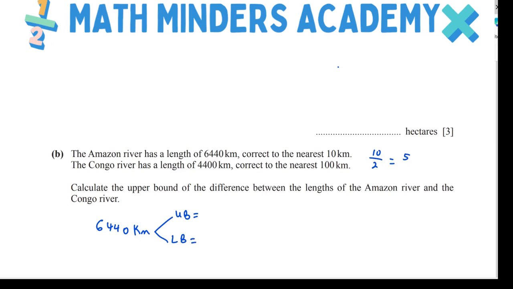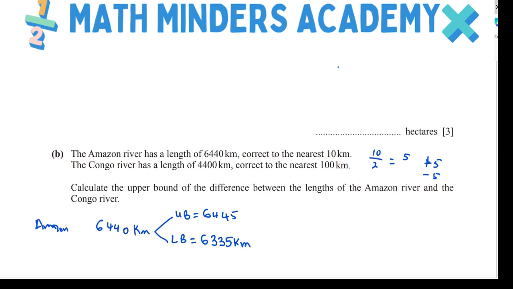So we are going to use +5 for the upper bound and -5 for the lower bound. When we add 5 to 6,440, it gives us 6,445. This will be the upper bound of that length. When we subtract 5 from 6,440, it gives us 6,435. This will be the lower bound of the length. That is for the Amazon.